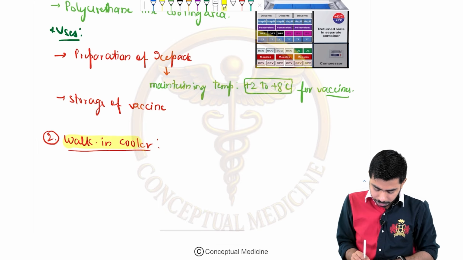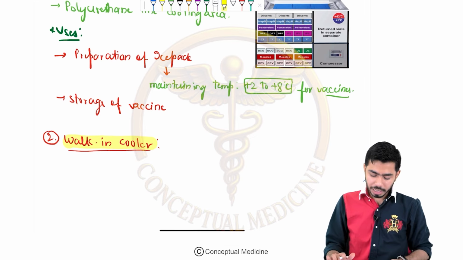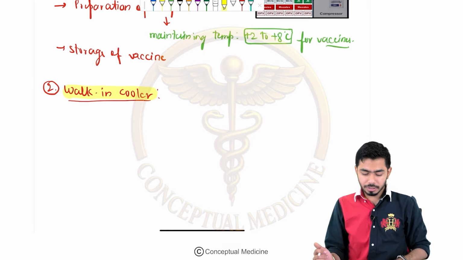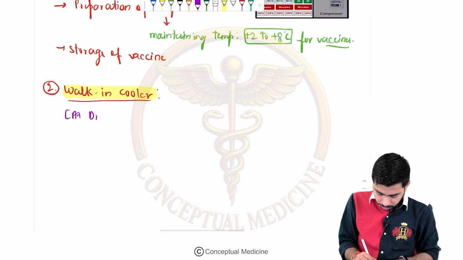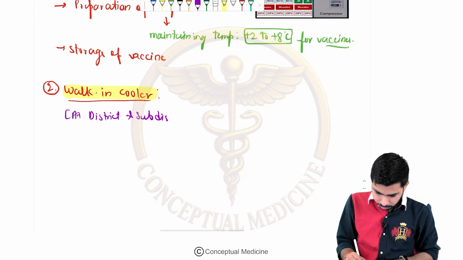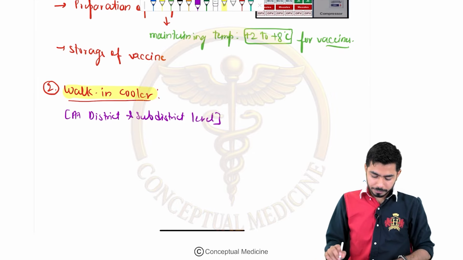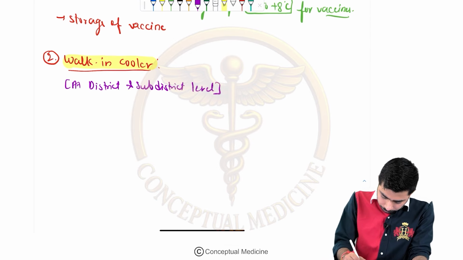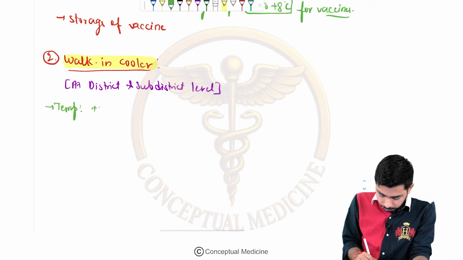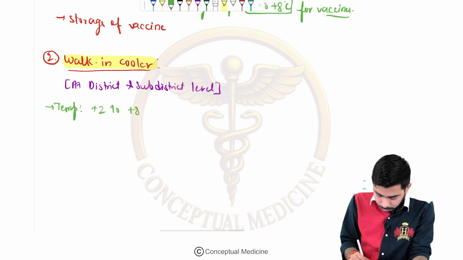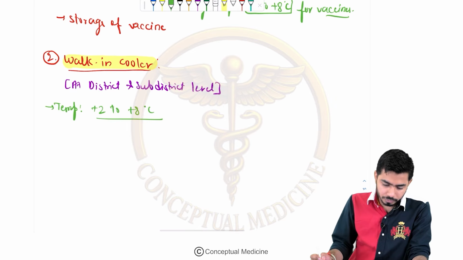Now what is the speciality of the walk-in cooler? A walk-in cooler can be used at district and sub-district level. Here the temperature we are using is +2 to +8 degrees Celsius, no confusion.